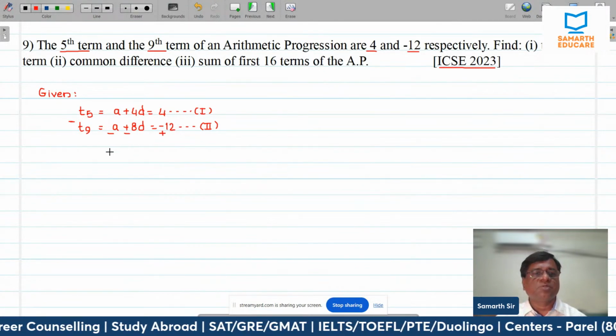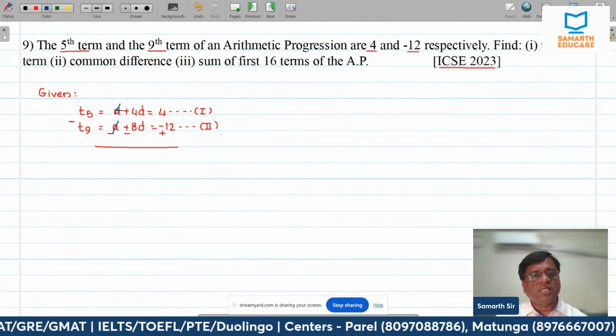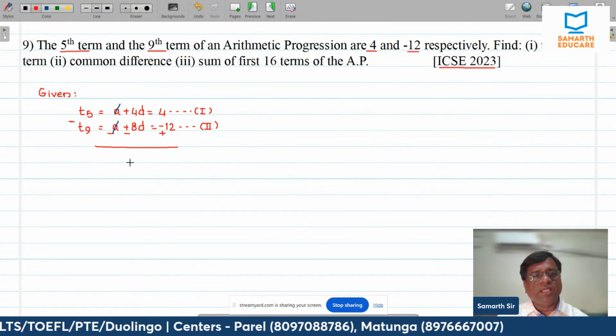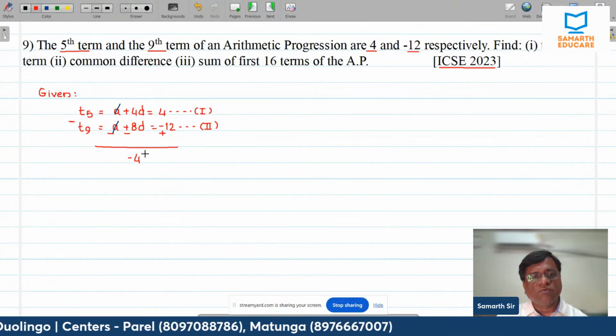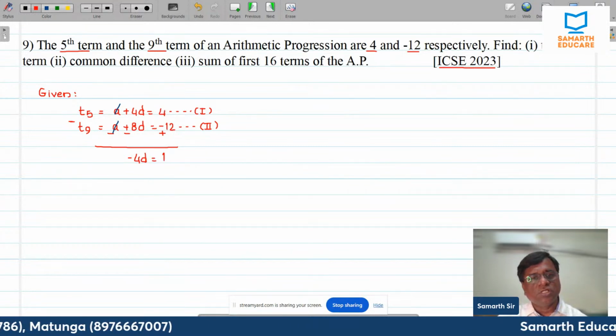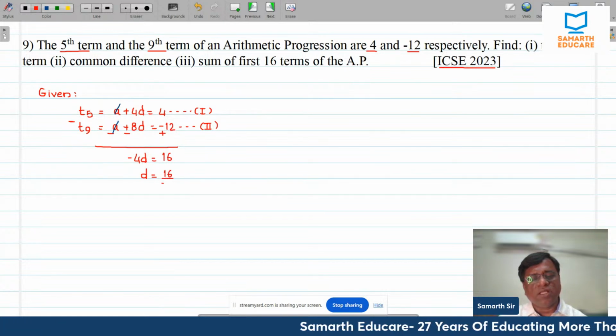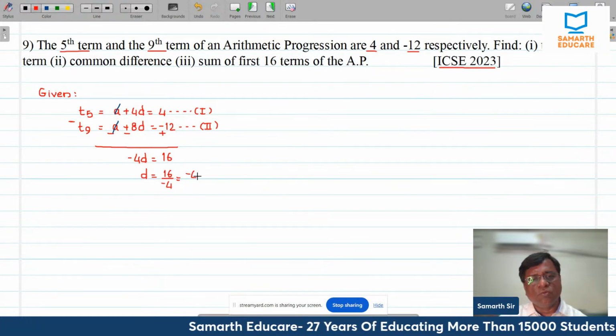This minus becomes plus. If I add them now, a and minus a get cancelled. 4d minus 8d is minus 4d. 4 plus 12 is equal to 16. Now d value is 16 upon minus 4, and that is equal to minus 4.